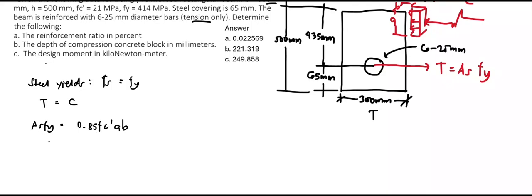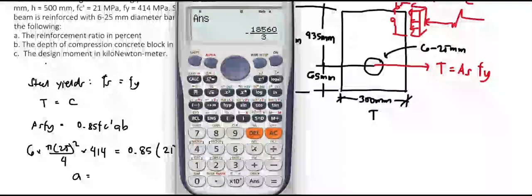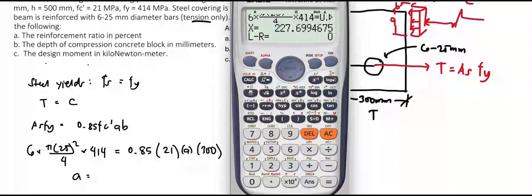The steel area, 6 times pi times 25 squared over 4, times the yield strength of 414 megapascals or Newton per millimeter squared, is equal to 0.85 times f'c of 21 times a times a base of 300 millimeters. Solving for a, we get a equal to 227.7.